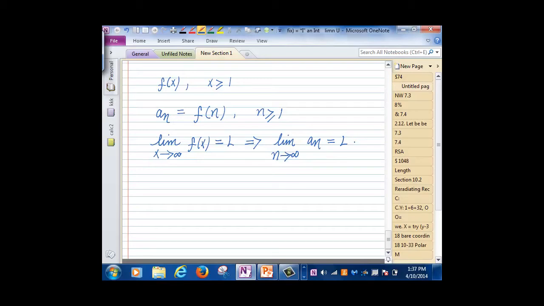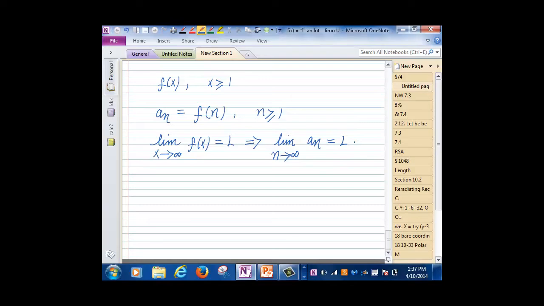In the second limit, n goes to infinity over the integers. In the first one, x goes to infinity over the real numbers. So if the limit of the function f of x as x goes to infinity is L, then the limit of the sequence you made out of that function is also L.